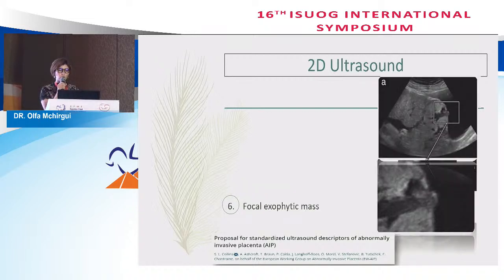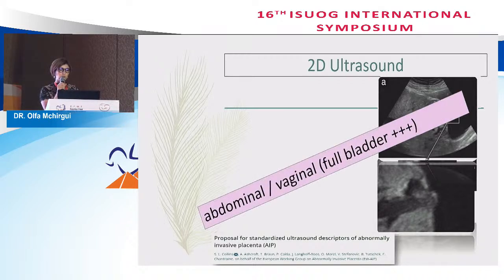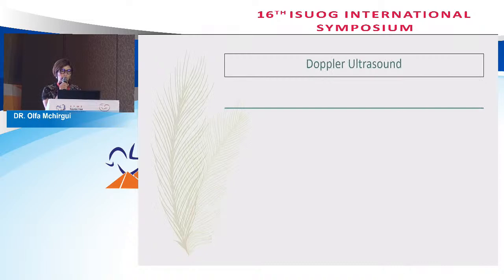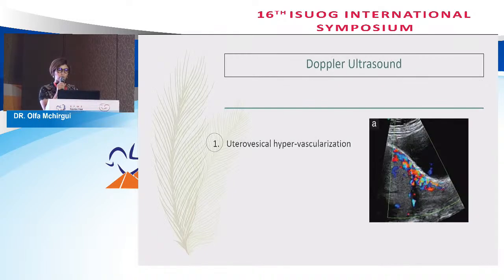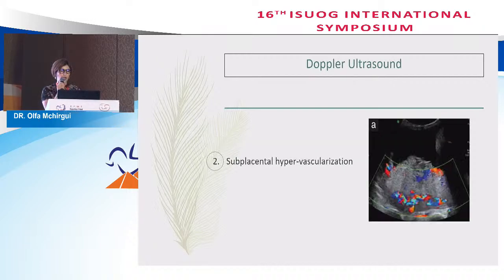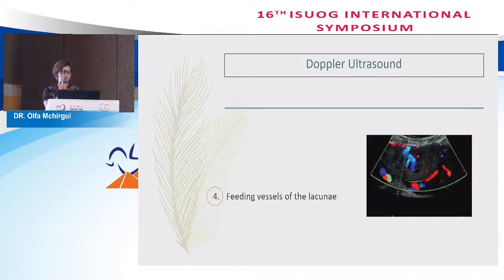And we should insist on doing both abdominal and vaginal exam with a full bladder. And in the Doppler ultrasound, we should look for uterovesical hypervascularization, subplacental hypervascularization, bridging vessels, and feeding vessels of the lacunae.